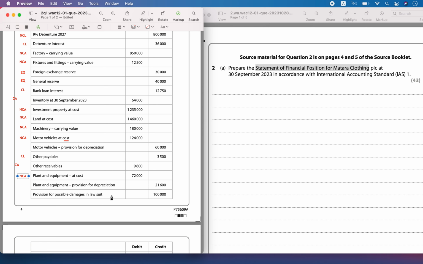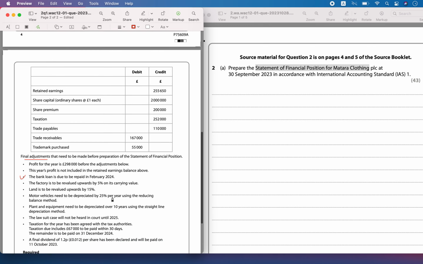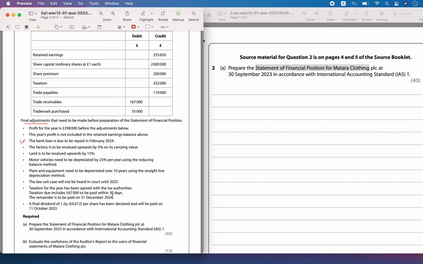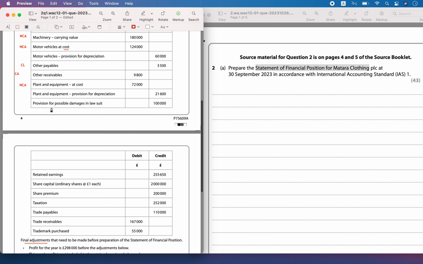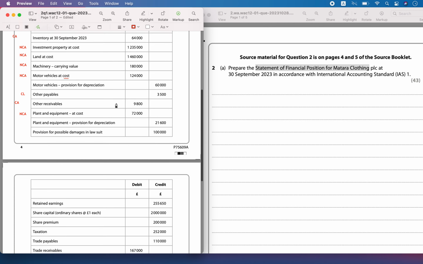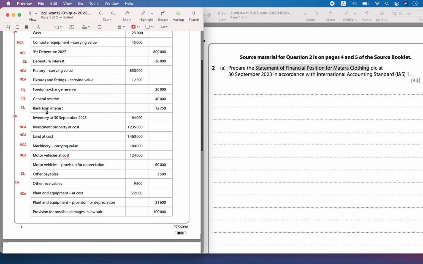Then the provision for possible damages in the lawsuit. Here he says that the lawsuit case will not be heard in the court until 2025. So this is a long-term liability.